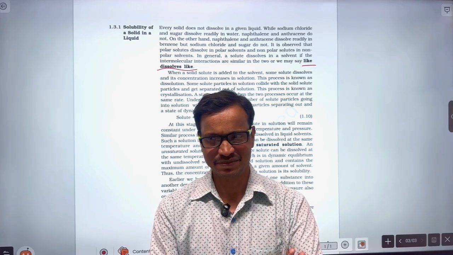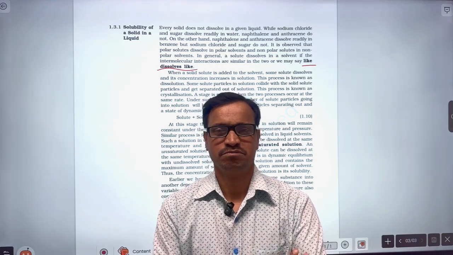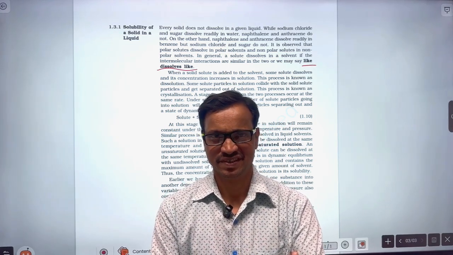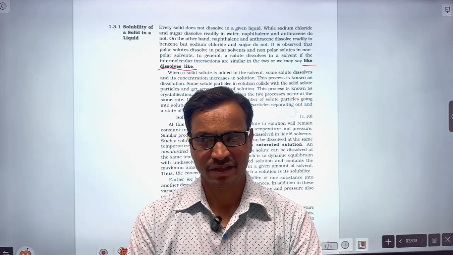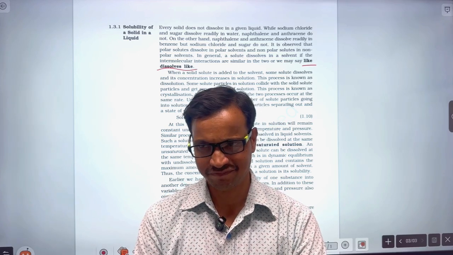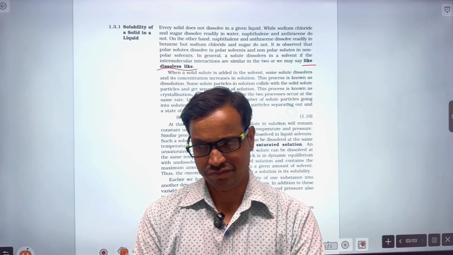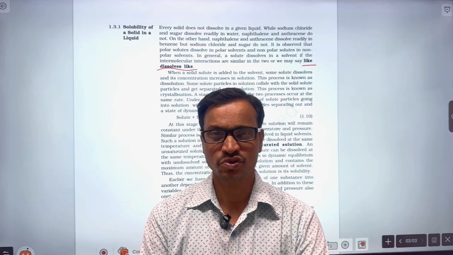Naphthalene balls are kept and stored with the clothes in the almirah, and they prevent the action of microbes or other microorganisms which would affect your clothes.